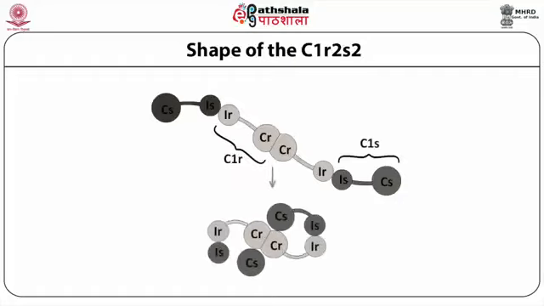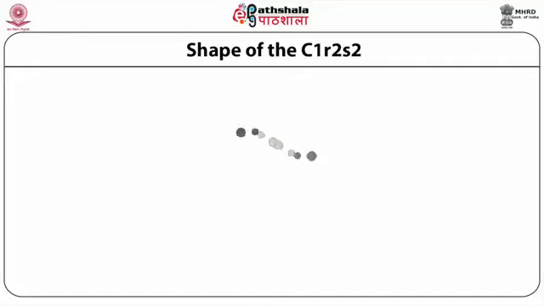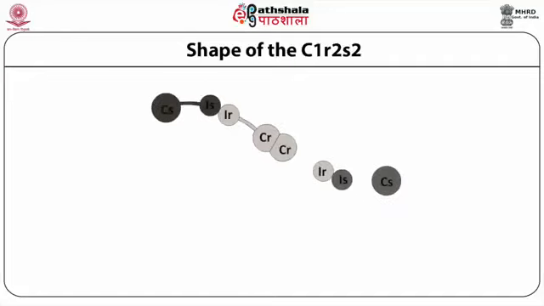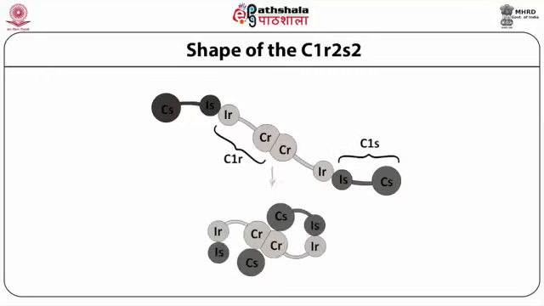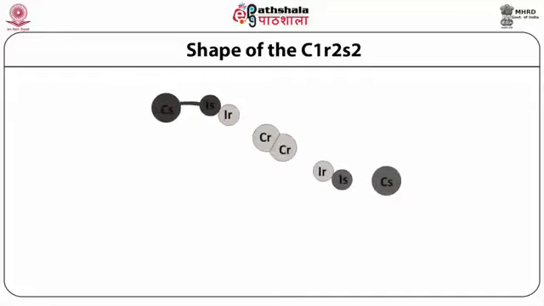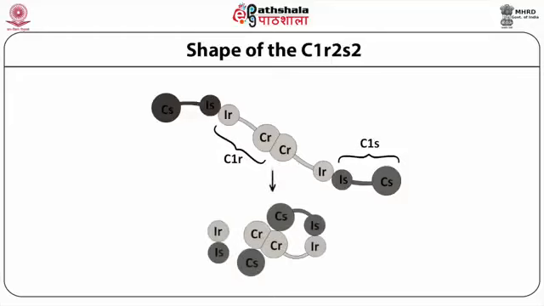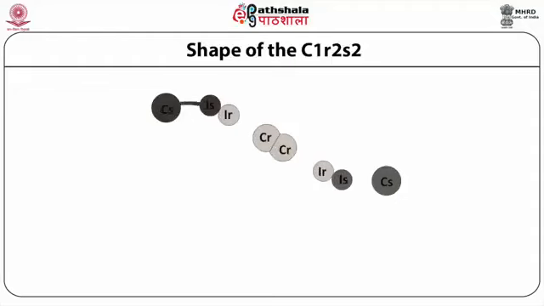Each C1R and C1S has one catalytic domain and one interaction domain, which is responsible for binding with each other as well as with C1Q. Binding of C1Q brings the catalytic domains of C1R and C1S together.